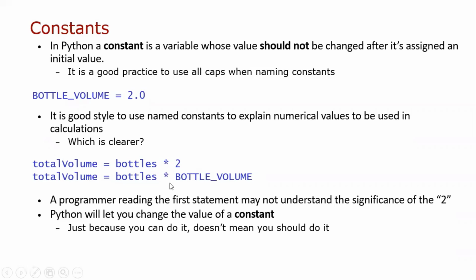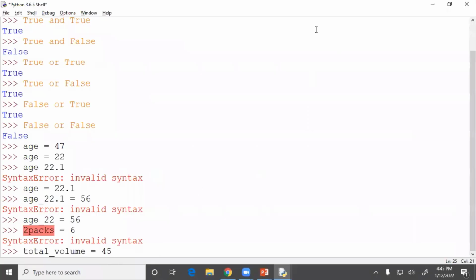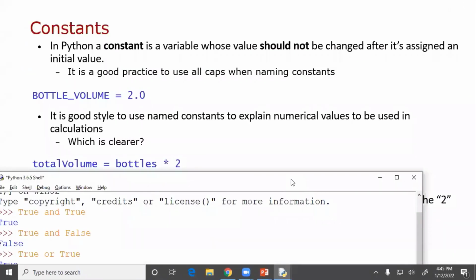All you need to do is say the total volume is the number of bottles multiplied by the bottle volume, and you can say 2. If you're reading the program now and you don't know anything about this, you will see total volume equals bottles times 2. What is this 2?